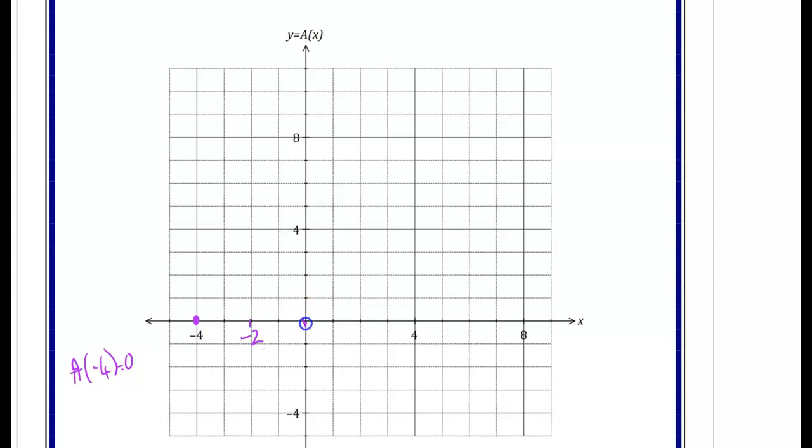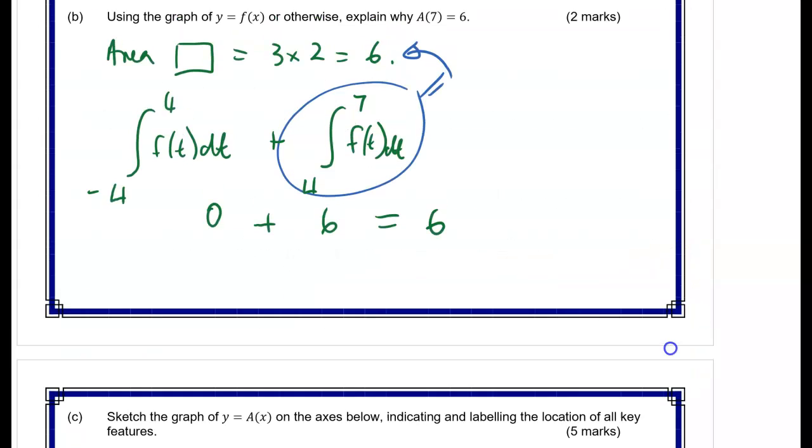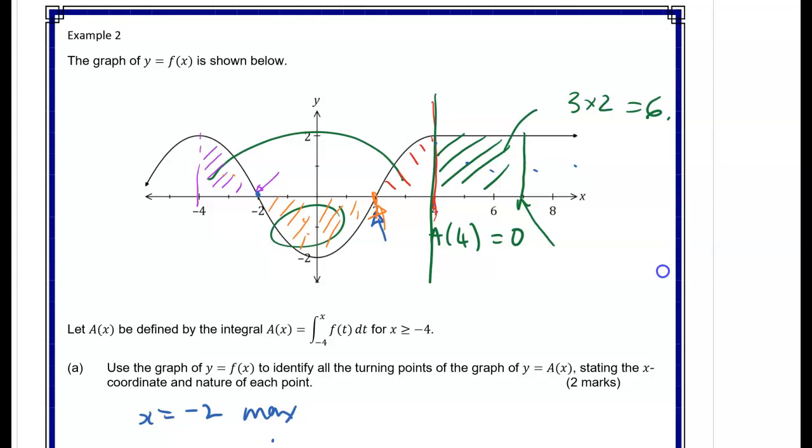We know that there's a root here and an inflection point because we're making the assumption that this area here, because the net effect is 0 from -4 to 4, that this and this are the same, which is a pretty safe bet, and then we're going to make the assumption that that and that are the same. So because this is a maximum point of steepness, at that point, that's going to be the inflection point in the actual integral function.